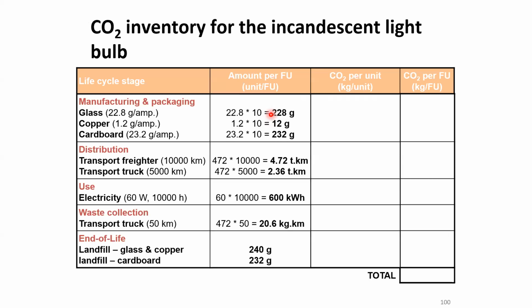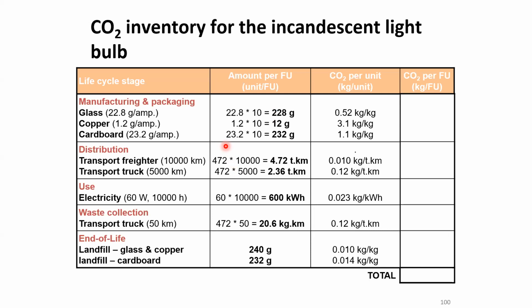Using all those inventory data, you can calculate how much glass, copper, cardboard and so on, plus transportation, use and electricity. You find out this is per functional unit. Then per unit, how much CO2 is coming out, and compared to the functional unit, you get a total of 14.5 kg CO2 per functional unit.